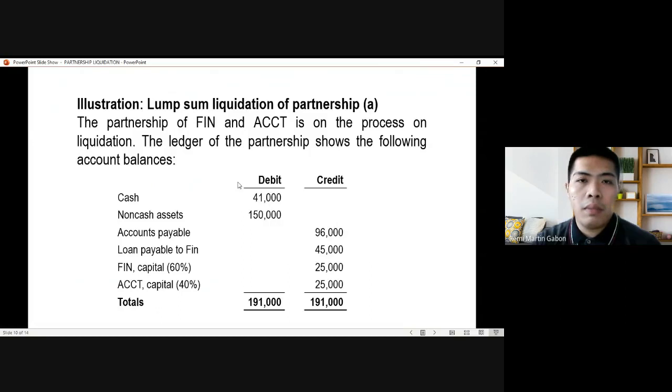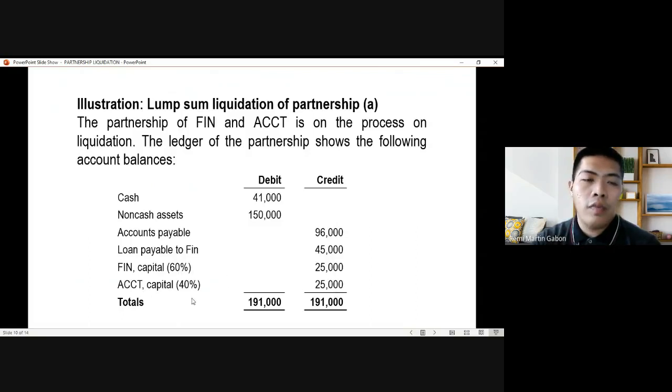So may cash debit balance 41,000, may non-cash assets tayo na 150,000 for a total of 191,000 total assets. Accounts payable naman is 96,000, loan payable to Fin 45,000, then Fin capital 25,000 and Act capital 25,000.